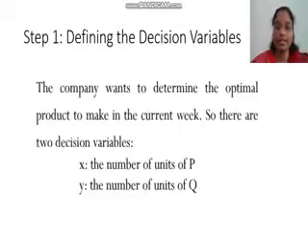In this problem we have two products, P and Q, and we want to define how many units of each are to be produced. So we make two decision variables, X and Y. X represents the number of units of product P and Y represents the number of units of product Q.